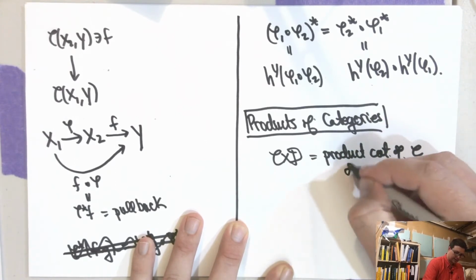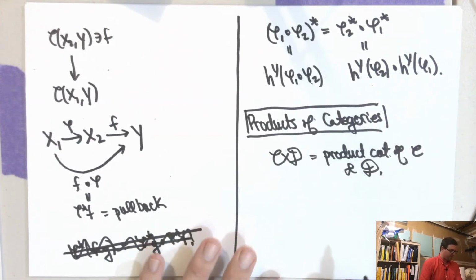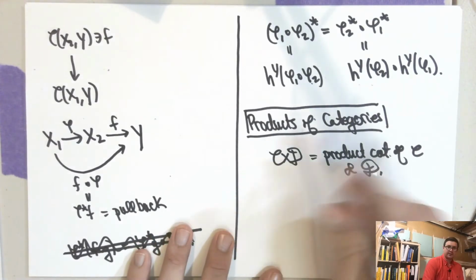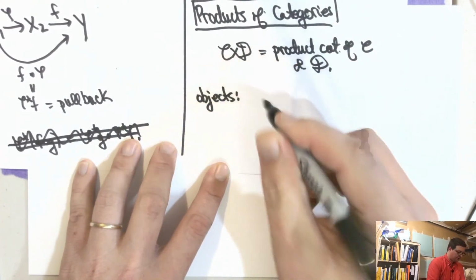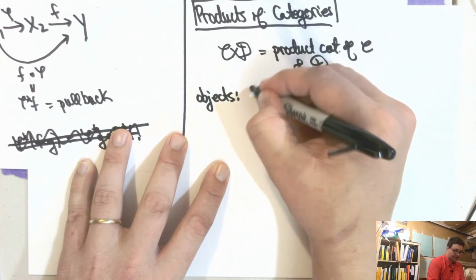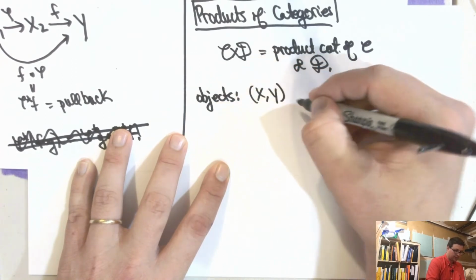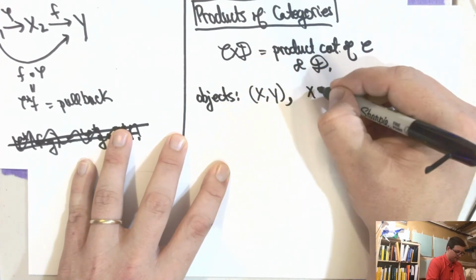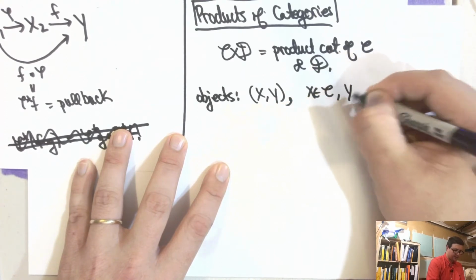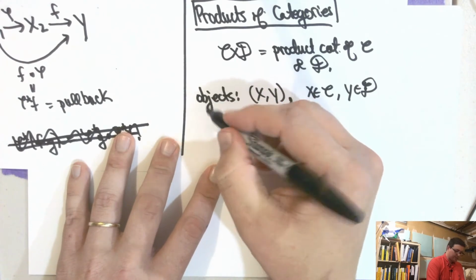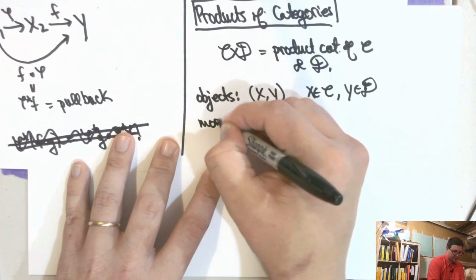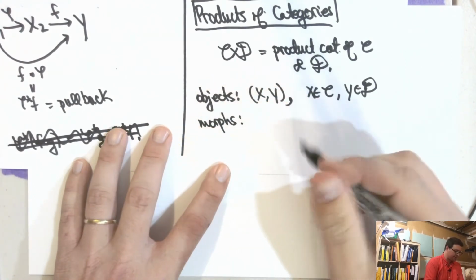The objects of this category are pairs of objects, where X is in C and Y is in D. So it's just like you'd expect. And the morphisms are pairs of morphisms, exactly like you'd expect.